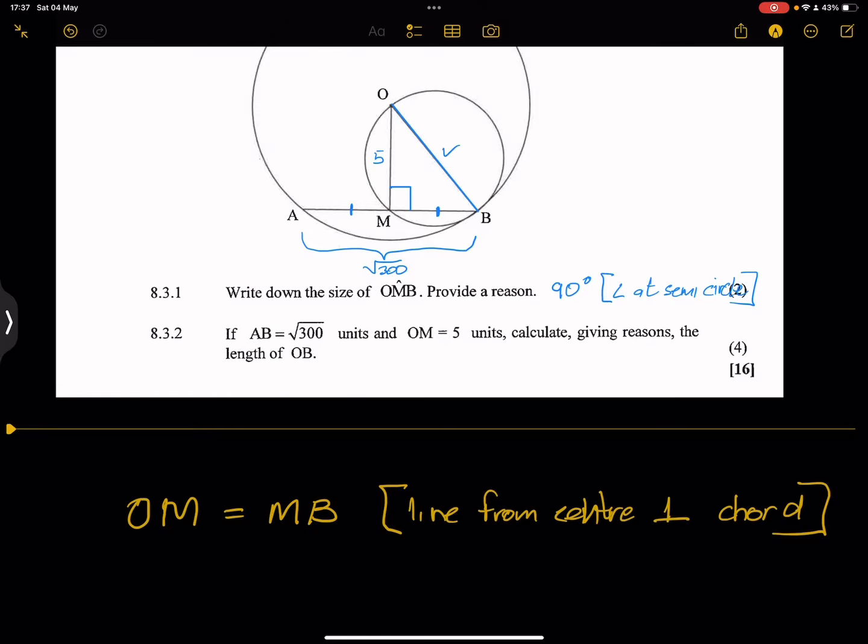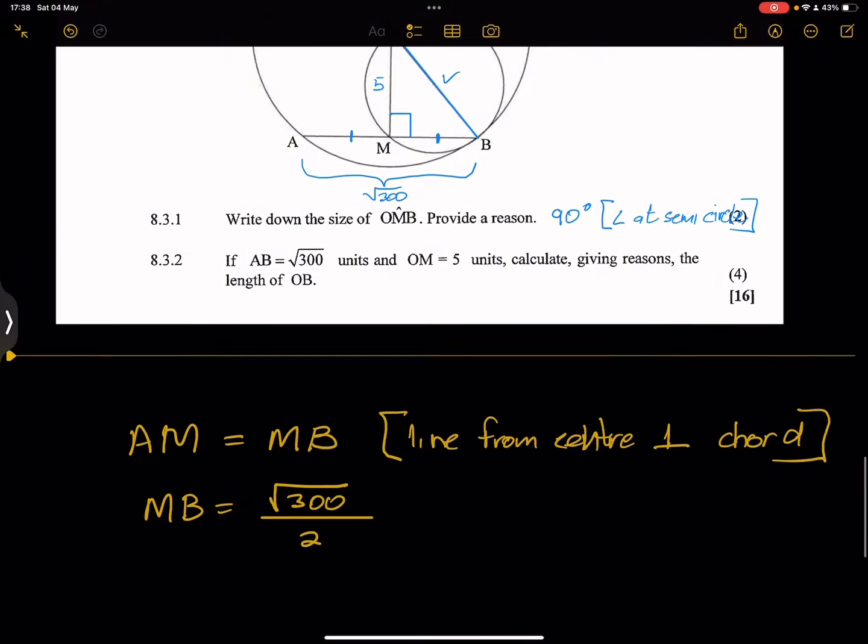So it makes that AM, I said OM rather, this was supposed to be AM equal to MB. So if they are equal and AB is root 300, then MB will be equal to square root of 300 divided by 2. So we are going to divide that entire chord AB by 2.